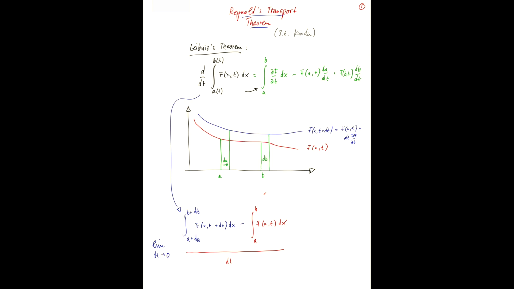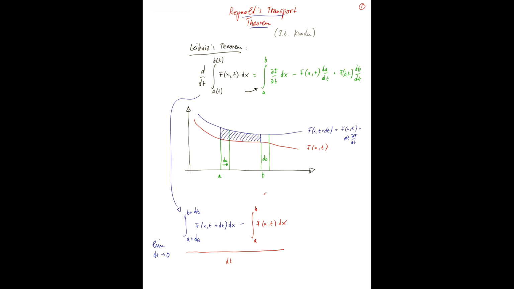What Leibniz's theorem states is that the change in our function is associated with three areas. It is essentially the area integral from a to b times df/dt.